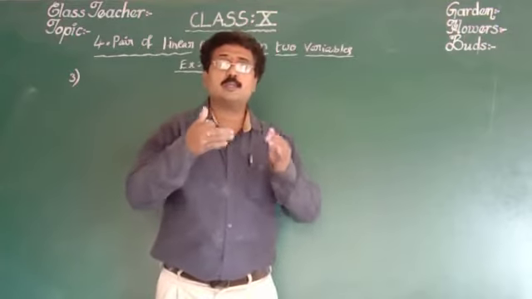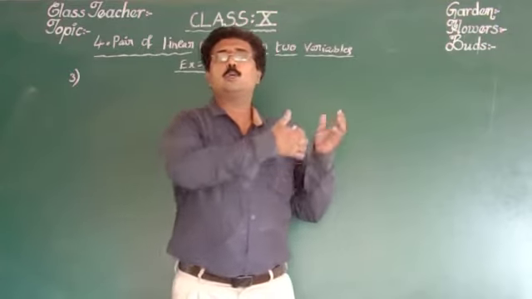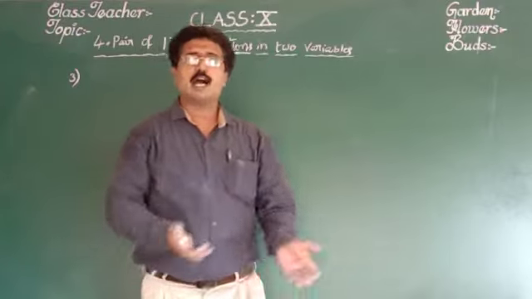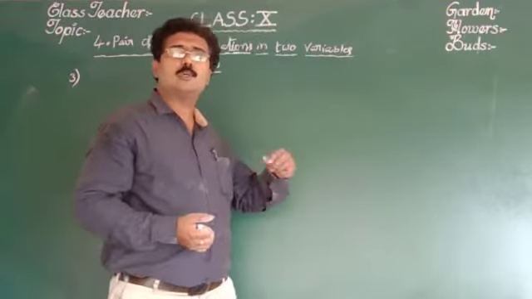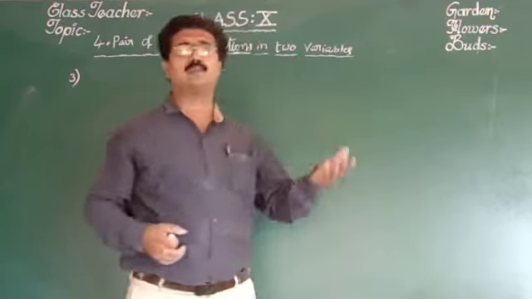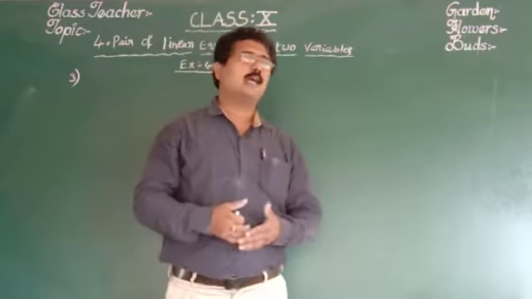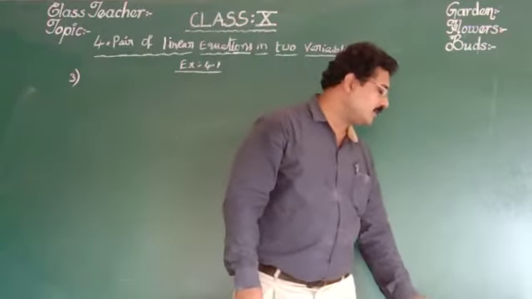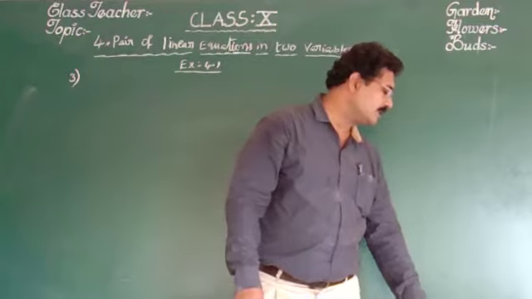In this problem, the total problem can be converted into two linear equations. After getting the two linear equations, solve them by using the elimination method, so that it is easy to get the answer. Now see the first line: Neha went to a sale to purchase some pants and skirts.